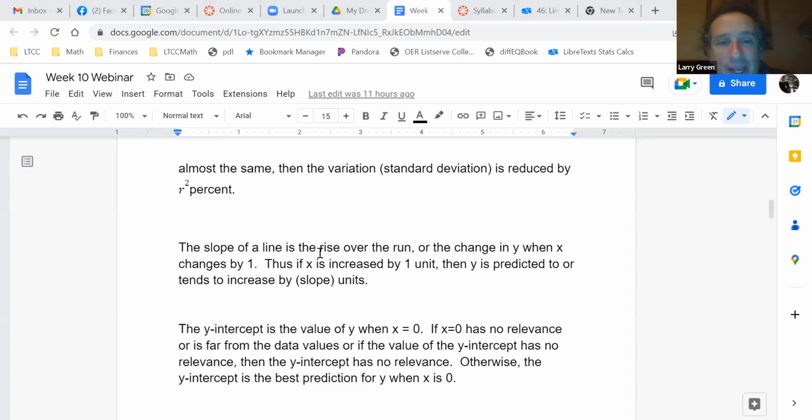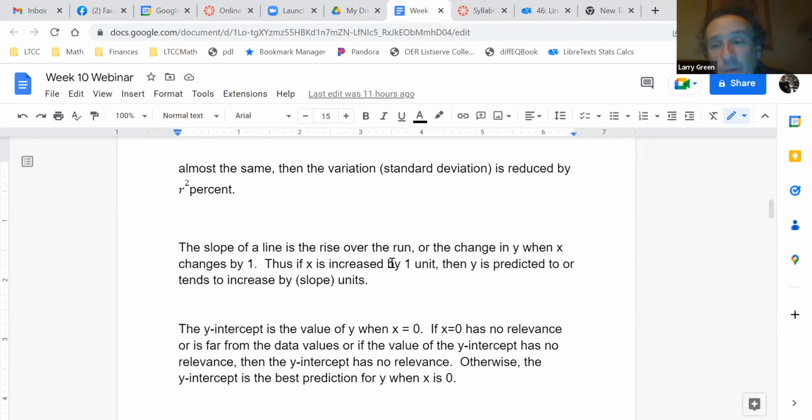The slope of a line, hopefully you remember, is rise over run. Y'all remember that little poem, rise over run, if it's a poem. And the rise is how much Y changes. The run is how much X changes. And the easiest is to think about X changing by 1, because then you can take your rise over run, right?